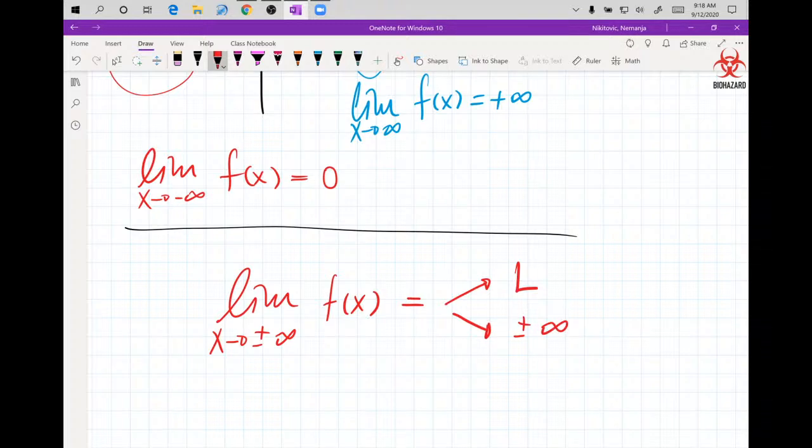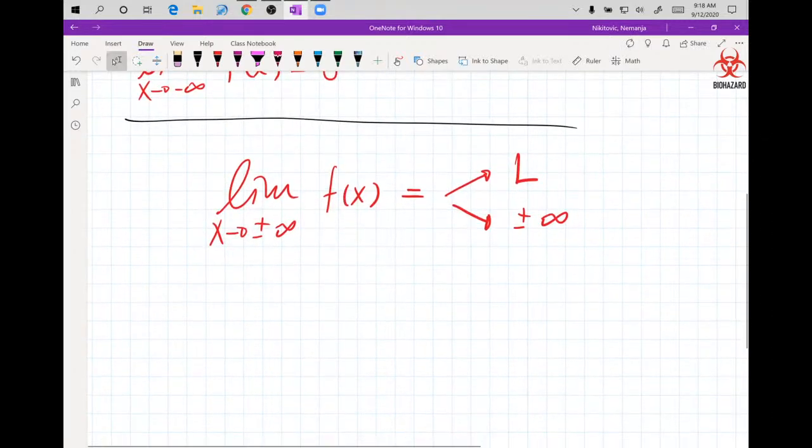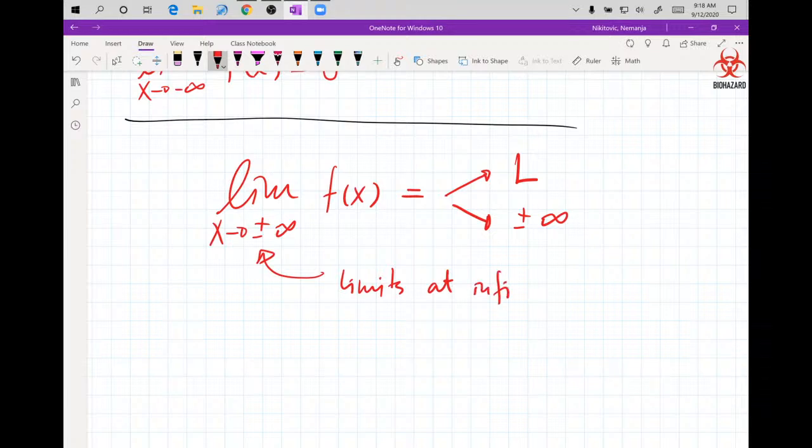So this is our limit, and this is what we would call limits at infinity. And that's it. Theory-wise, thinking about the concept, this lecture is over.